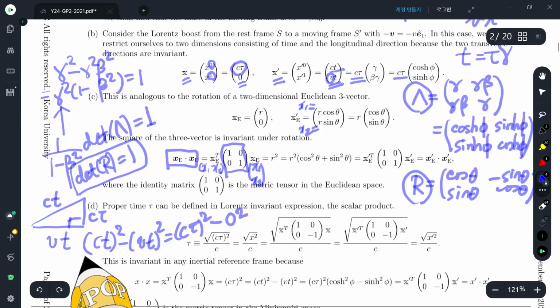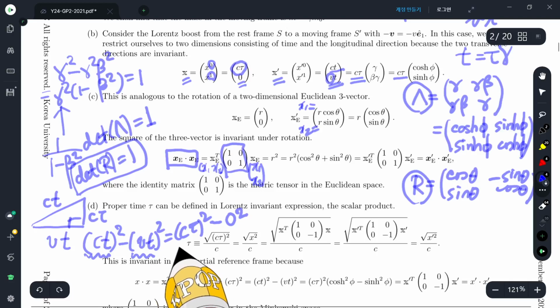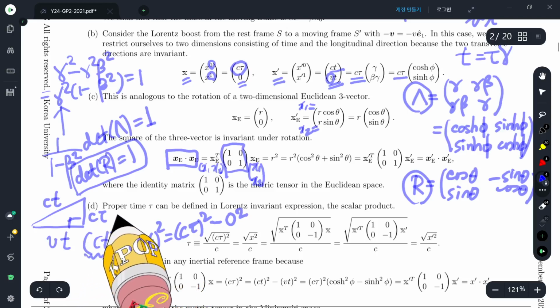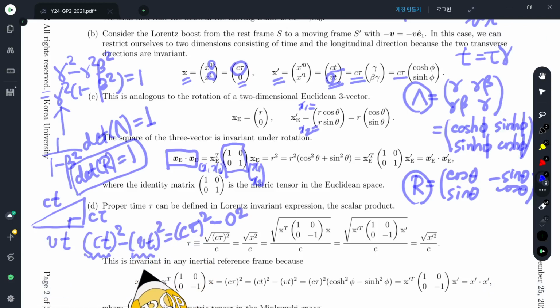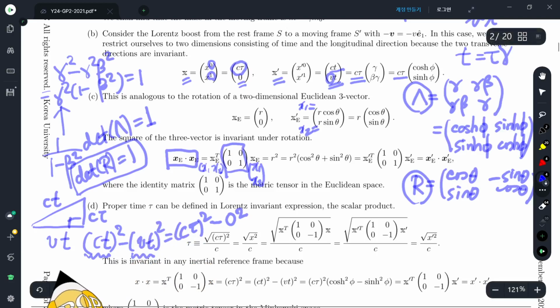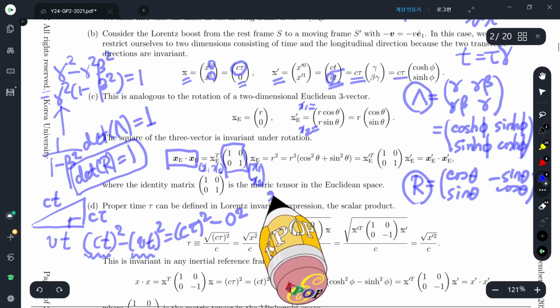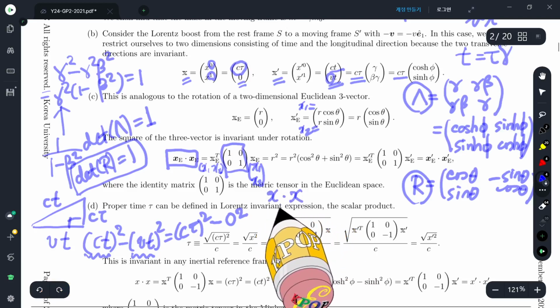That means the time component squared subtracted by the spatial component squared is invariant under the Lorentz boost. So in any inertial reference frame, the square of the time component subtracted by the spatial component squared is invariant. That means x dot x, the 4 vector.